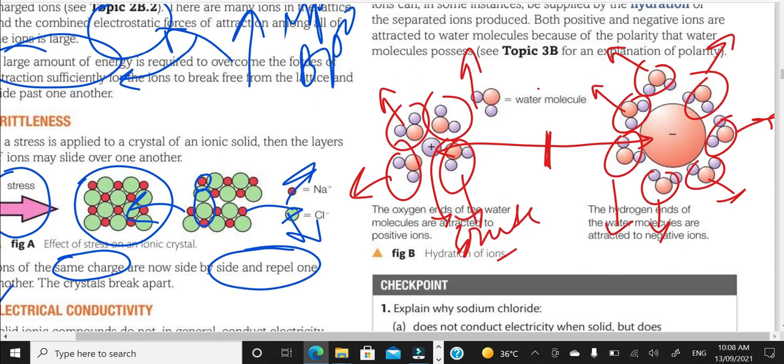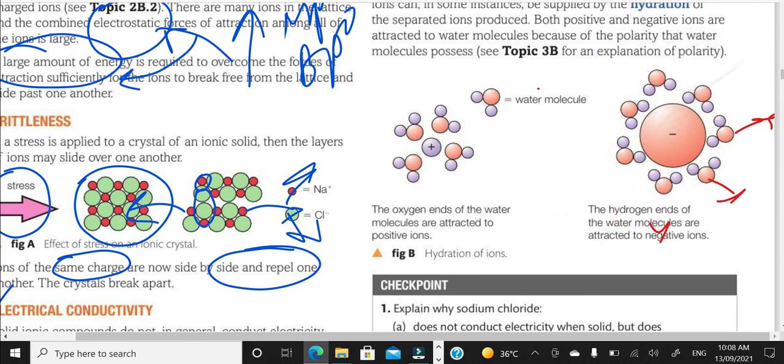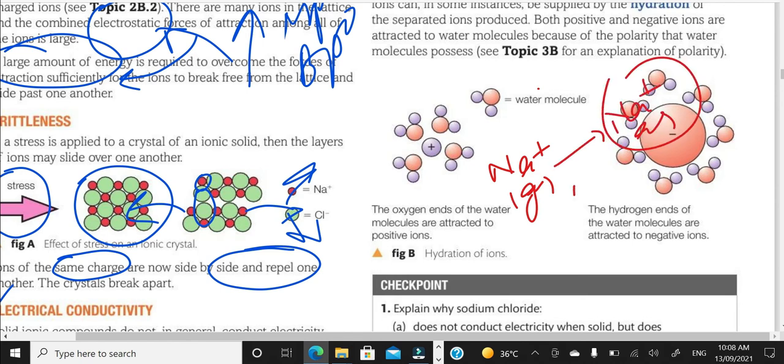So there's a term written called hydration of ions. What is this hydration of ion? Let me explain that to you now. When you dissolve a gaseous ion, Na gaseous state to Na aqueous state, this delta H is called hydration.